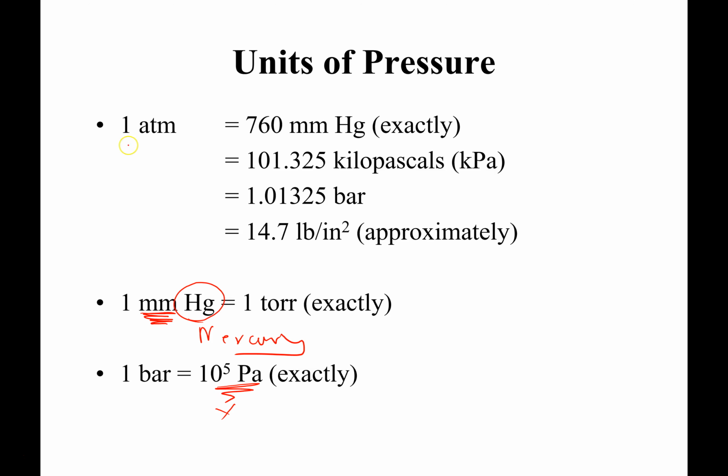Also a good unit of pressure that we deal with a lot in chemistry is atmospheres. If you ever have to go back and forth between atmospheres and millimeters of mercury, they do have an exact relationship. 1 atmosphere is exactly equal to 760 millimeters of mercury.